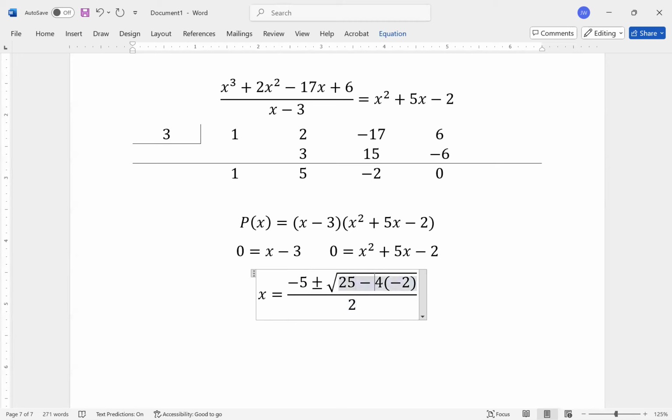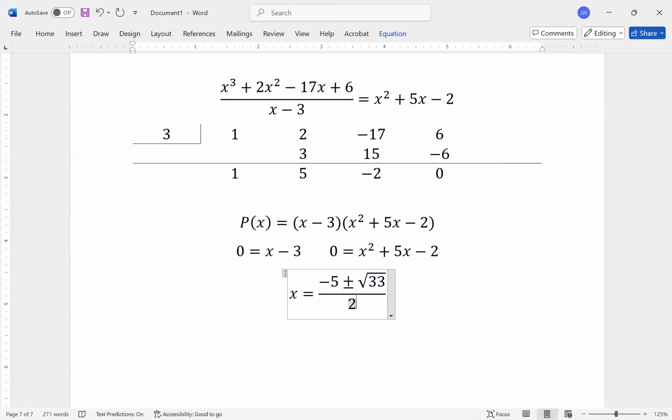So b squared minus 4ac, that's 25 plus 8 inside of the square root. 25 plus 8 is 33. So I can simplify that to -5 plus or minus the square root of 33, all divided by 2.